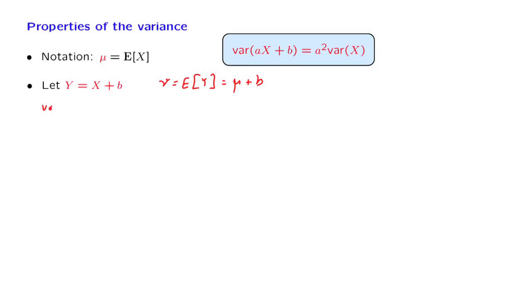By definition, the variance of y is the expected value of the distance squared of y from its mean. Now we substitute, because in this case y is equal to x plus b, whereas the mean nu is mu plus b.